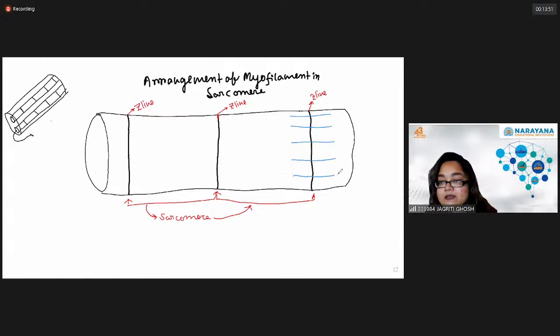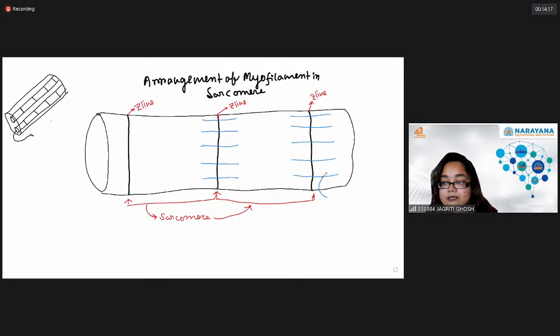And these thin filaments are made up of actin protein. So again I am repeating, on the Z line, thin filaments are always attached. These thin filaments are made up of actin protein.